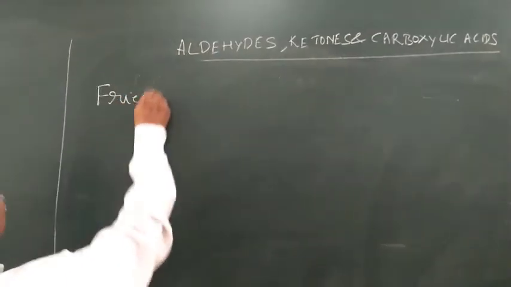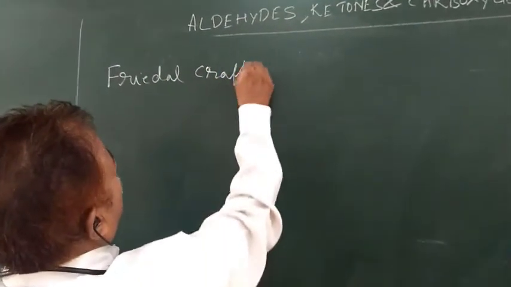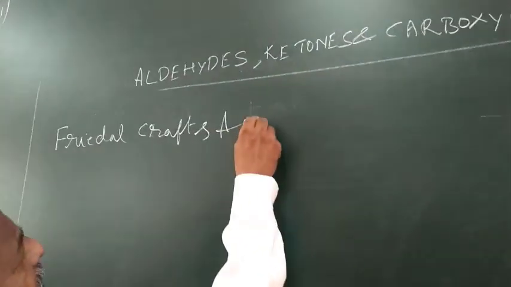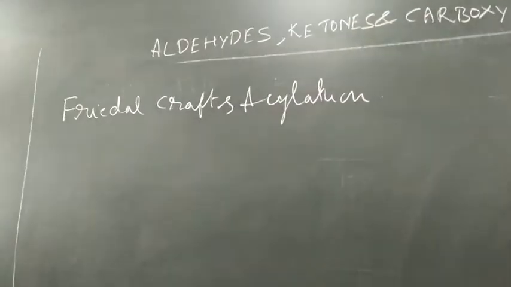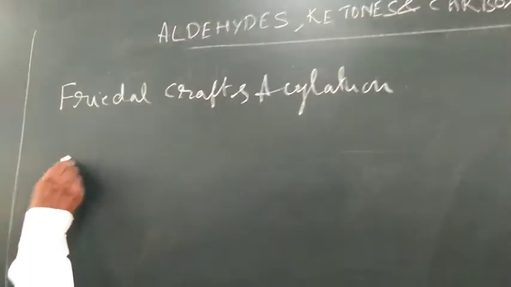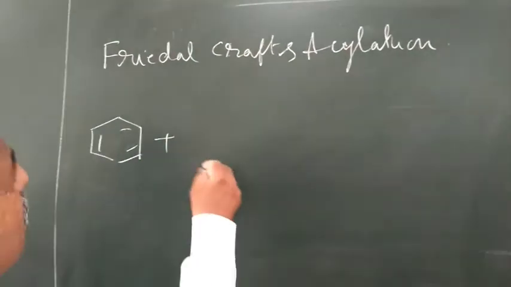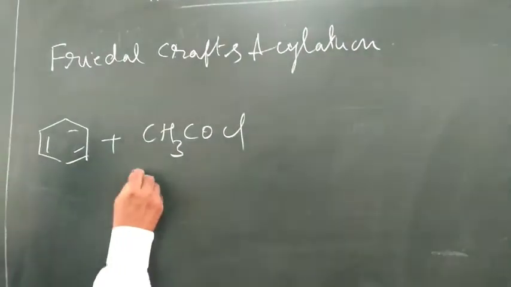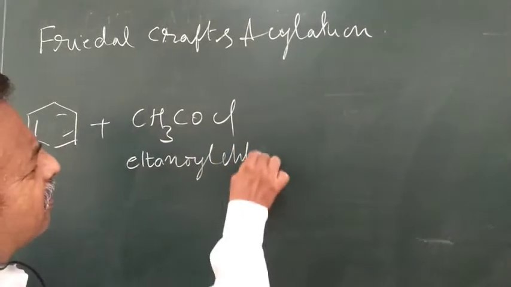Friedel-Crafts acylation. So here, benzene plus CH3COCl, this is ethanoyl chloride.